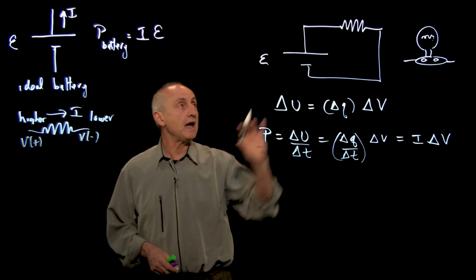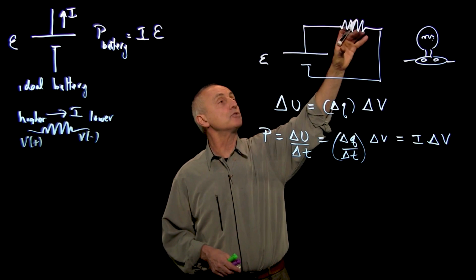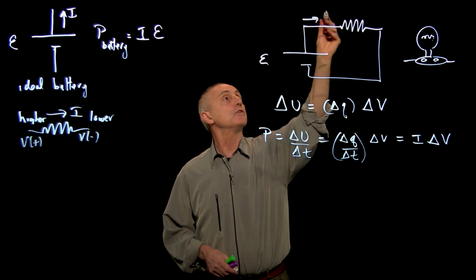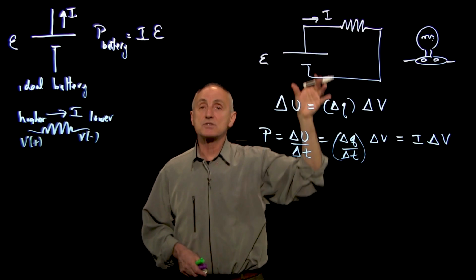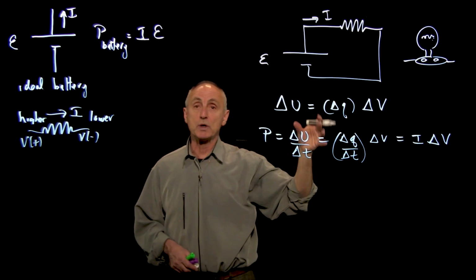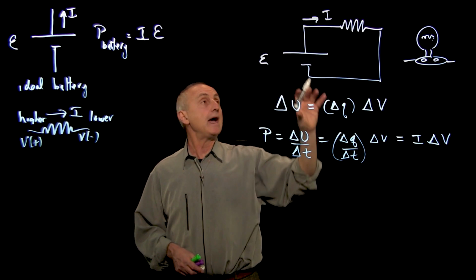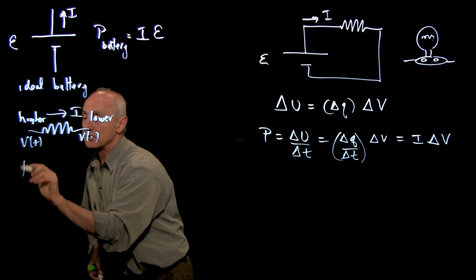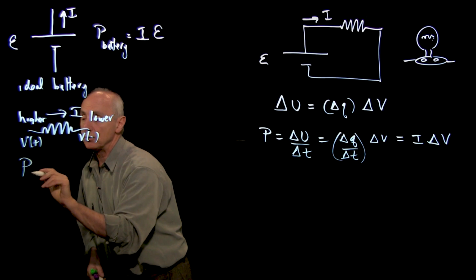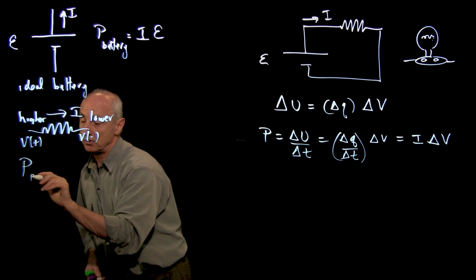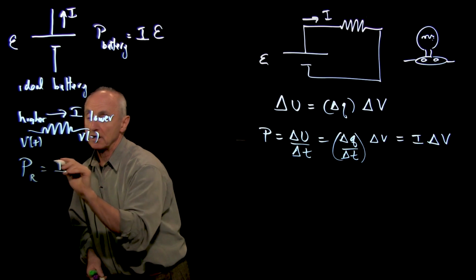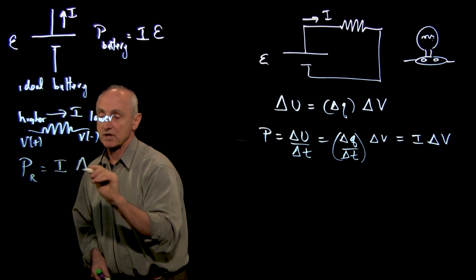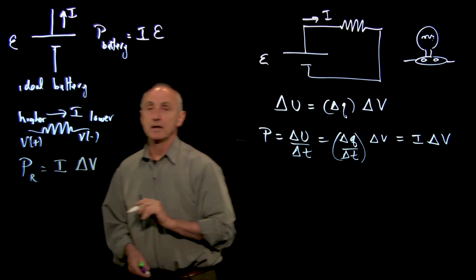Then when we have a battery connected in a circuit and current is running in this circuit, the electric field in the circuit is doing work on the charges. And the rate of doing that work is the power. So here, the power in the resistor is given by the current times the potential difference, delta V.